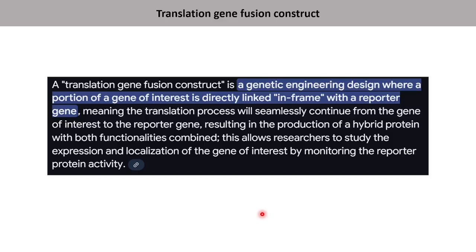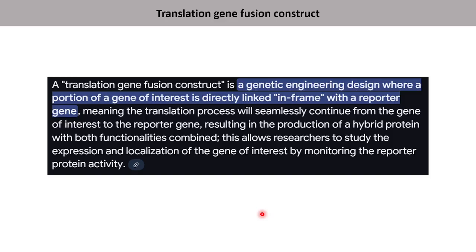So when we say that it is linked in frame with the reporter gene, if we think about the basic concept of transcription, it will start from a start codon, which will be regulated by a promoter sequence.